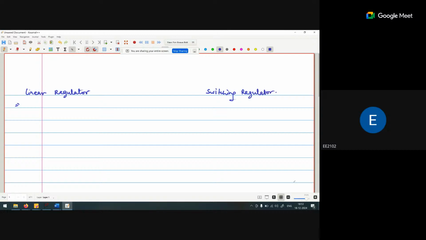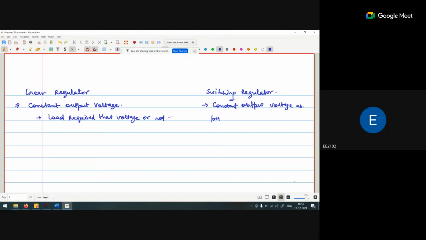The linear regulator will provide us a constant output voltage, regardless of whether the load requires that voltage or not, whereas the switching regulator will provide a constant output voltage as per the load requirement.